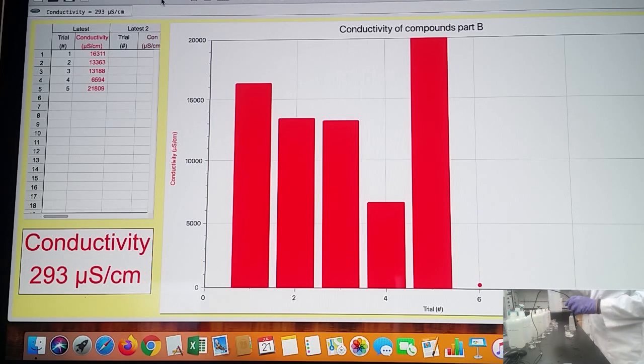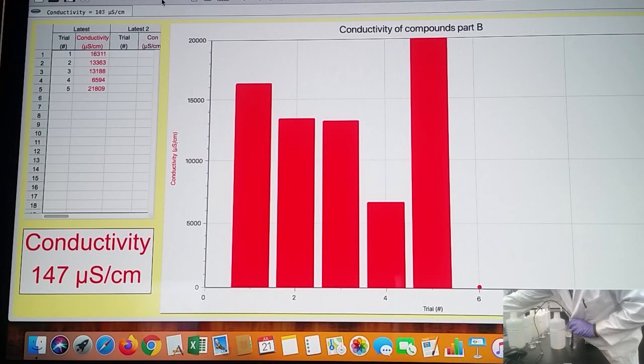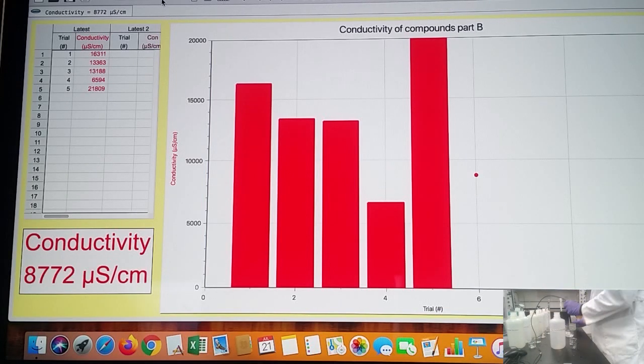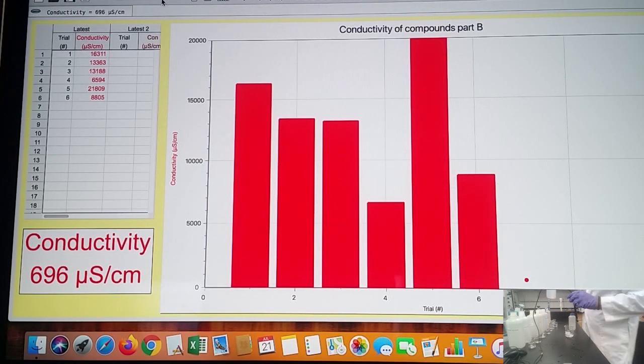And our next acid is phosphoric acid. Our next acid is acetic acid.